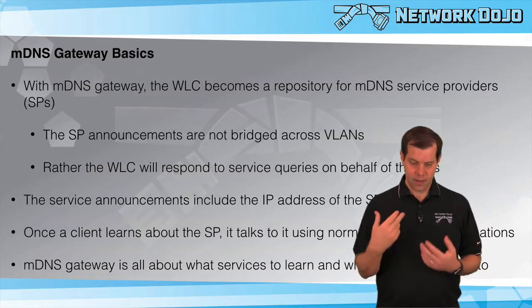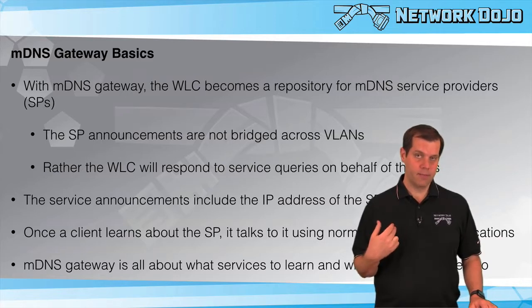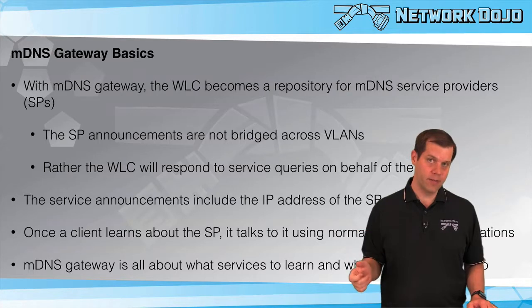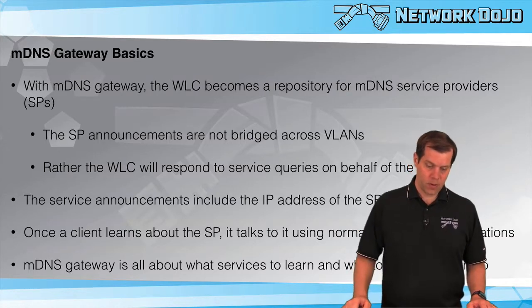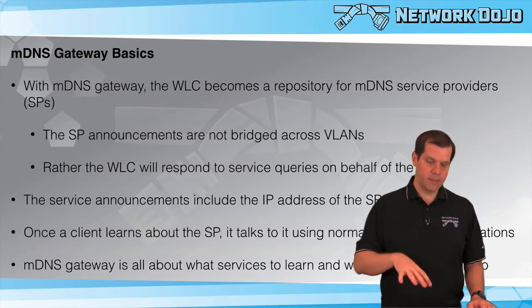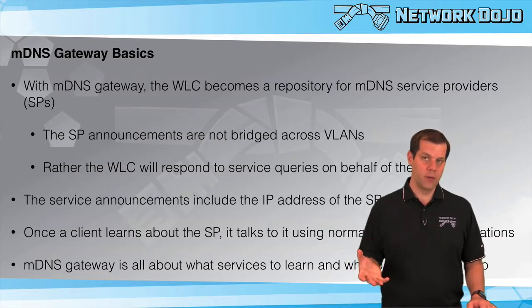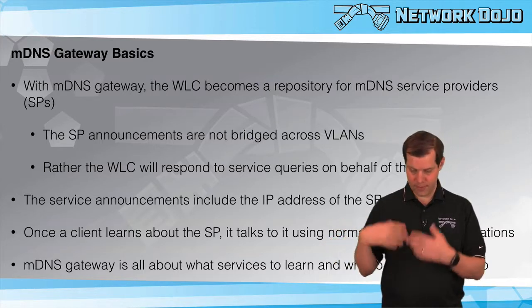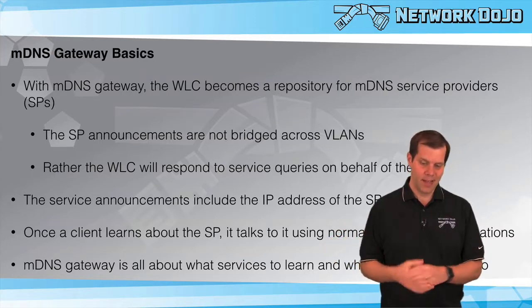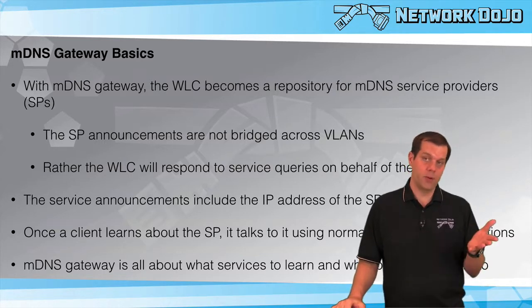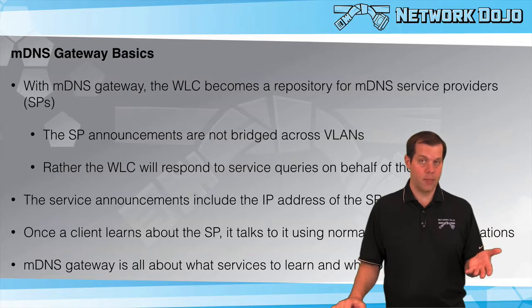From then on, they talk to each other in a unicast fashion. mDNS is only used to advertise services. So if we can get those advertisements onto different VLANs, then the service can be used without anything else special needing to be done, because now we know about the devices. I can talk to any device I want in a unicast fashion, and it becomes irrelevant that they're on a different subnet. There's nothing special from there on out.